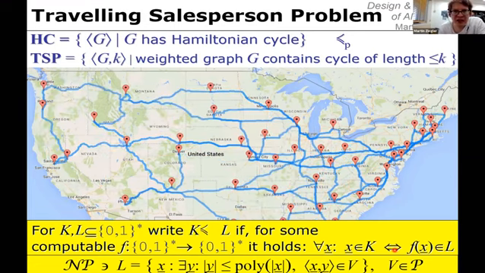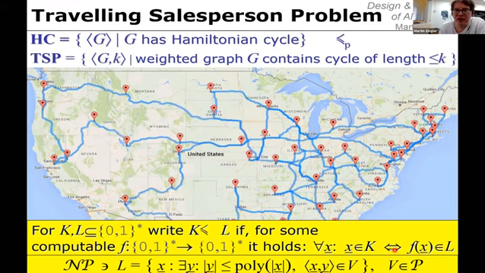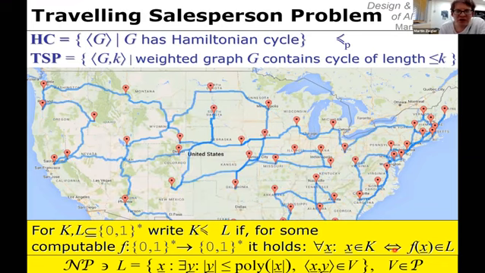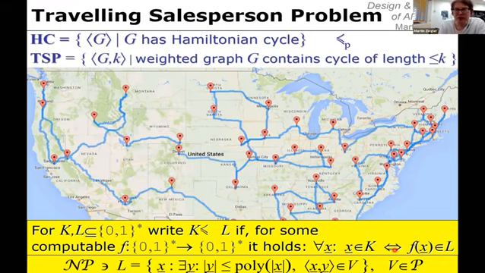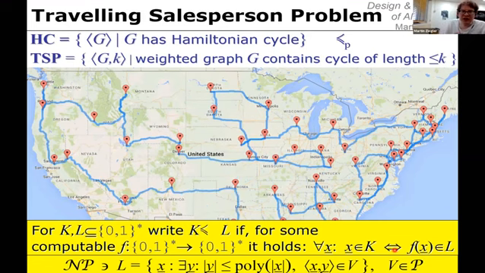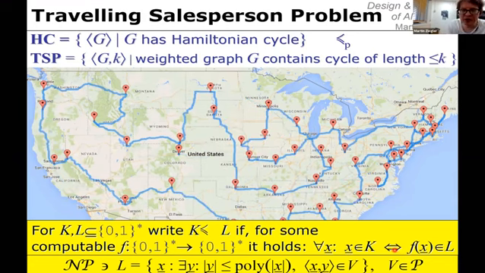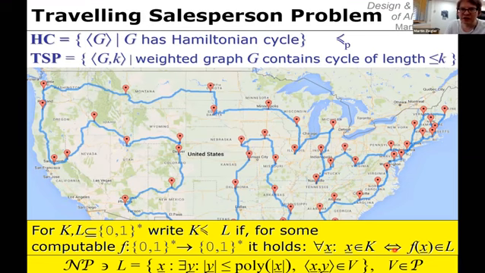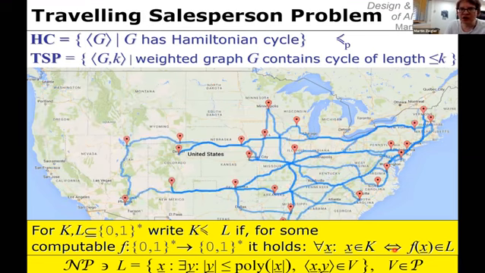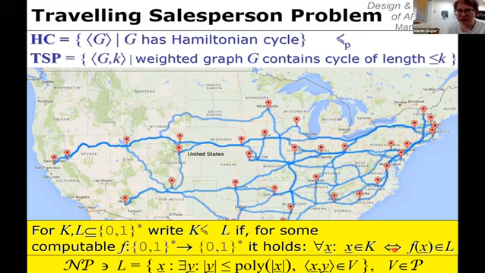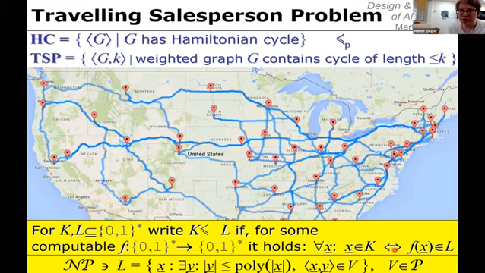If it has a cycle of length at most n, then that means that our cycle only uses the cheap edges from our translation, the edges that have cost at most 1. And these, by definition, are the edges that are present in the original graph, and therefore this cheap tour gives rise to a Hamiltonian cycle, a cycle that only uses the edges that are present.